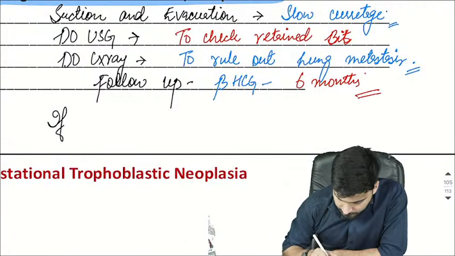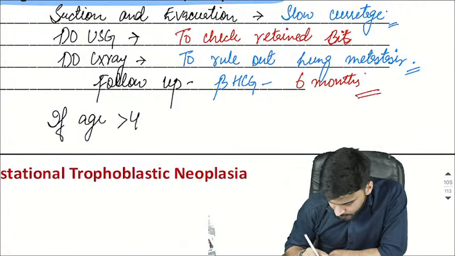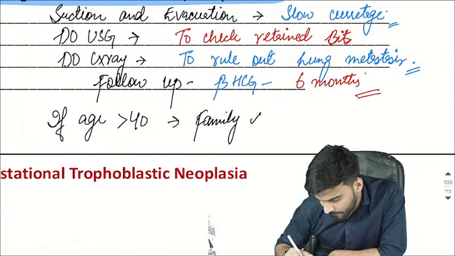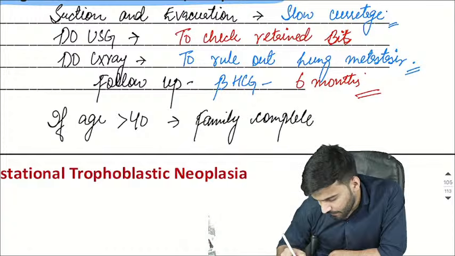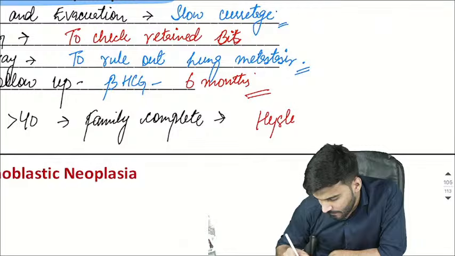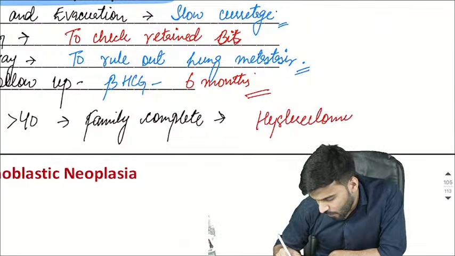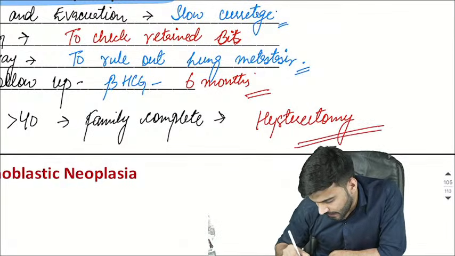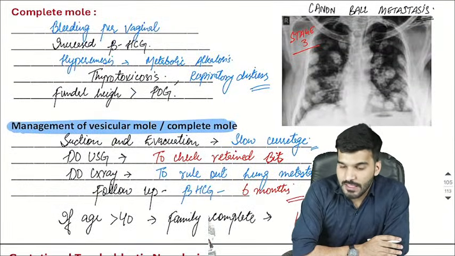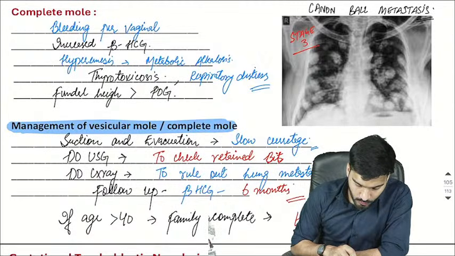But if age is more than 40 and family is complete, then go with a hysterectomy as the answer. Clear? So that is all about the management of the complete mole.